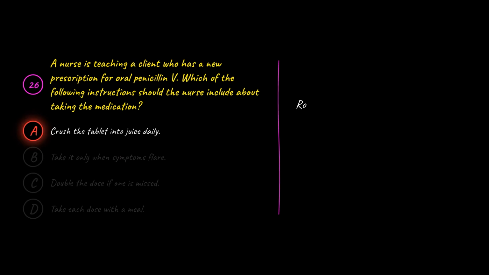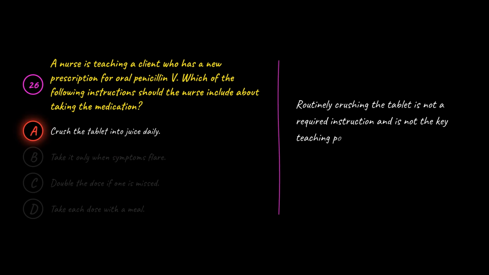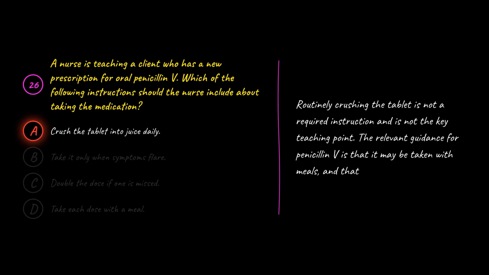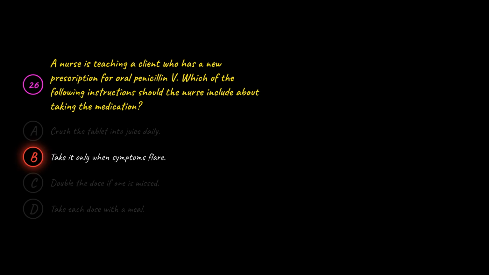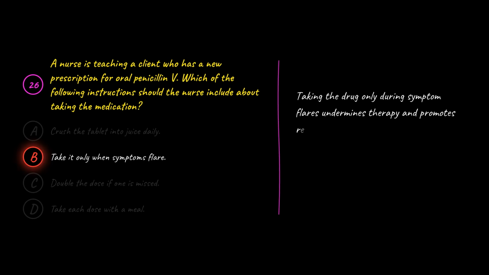A is wrong because routinely crushing the tablet is not a required instruction and is not the key teaching point. The relevant guidance for penicillin V is that it may be taken with meals and that the full course must be completed. B is wrong because taking the drug only during symptom flares undermines therapy and promotes resistance.